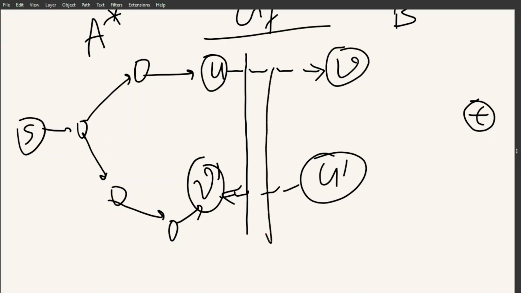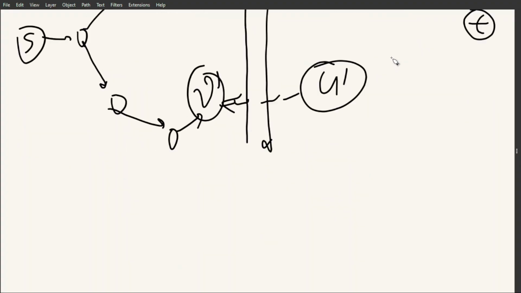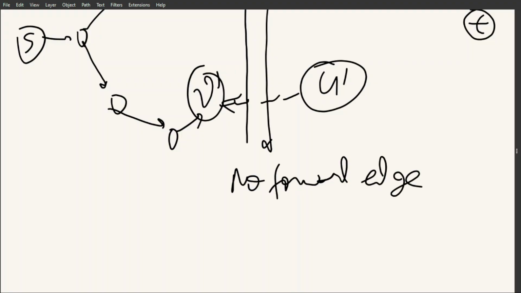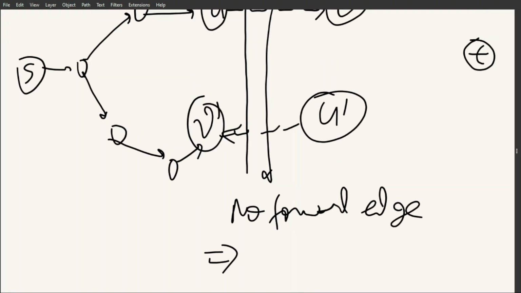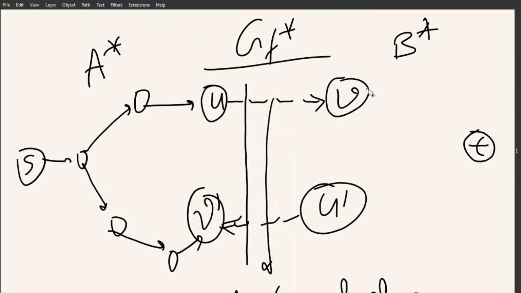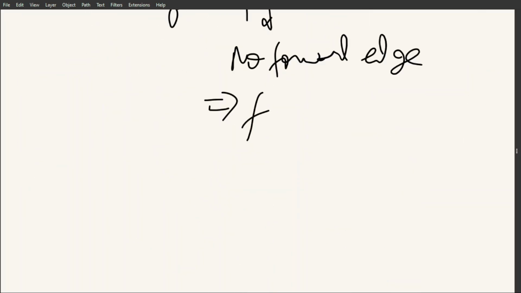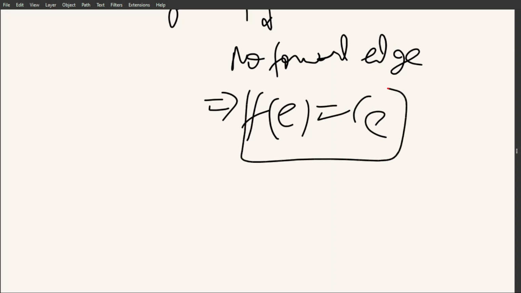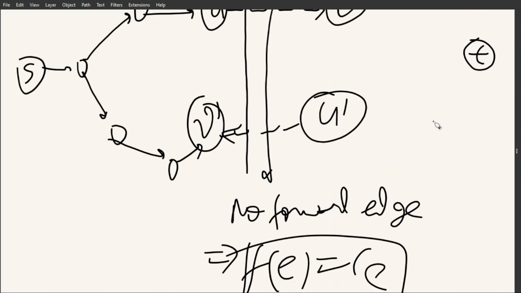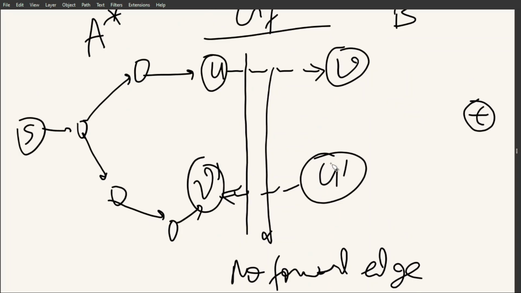This corresponds to no forward edge. The no-forward-edge condition we know: this implies you cannot increase the flow, meaning the flow is full here. Flow is full means F_e is C_e. So here we have flow F_e equals C_e. This is our first possibility. Similarly, we consider the second possibility.